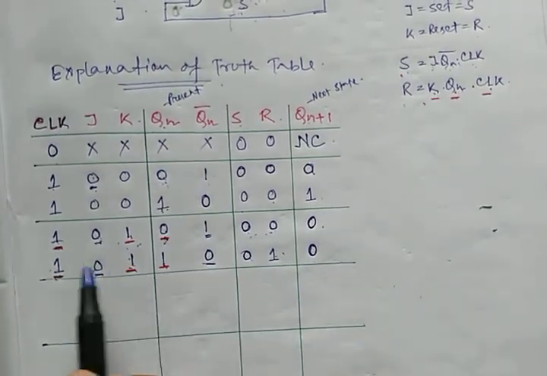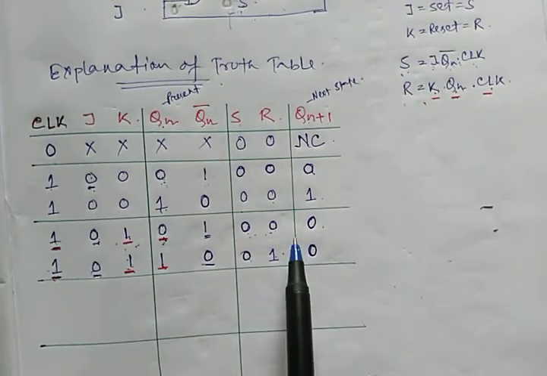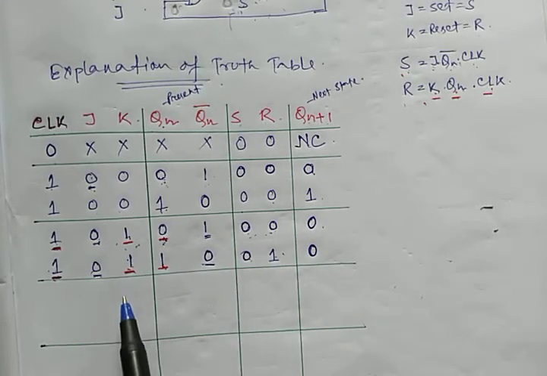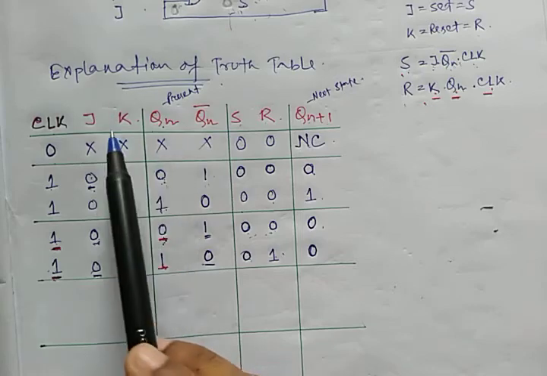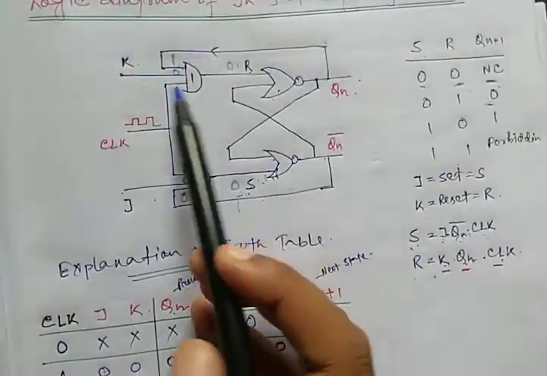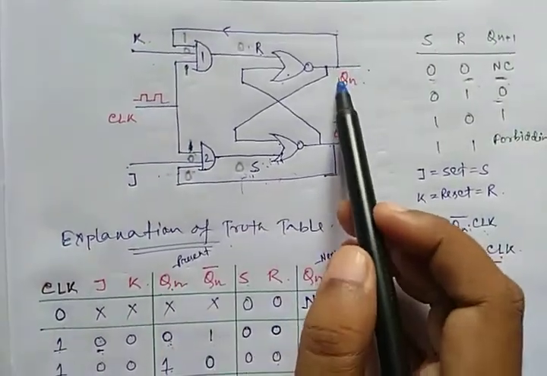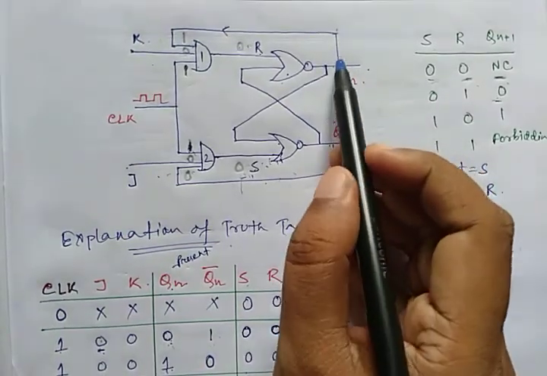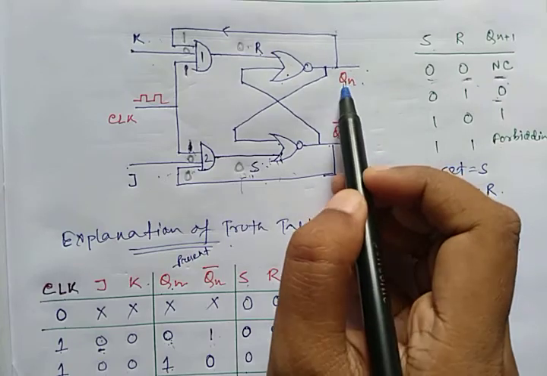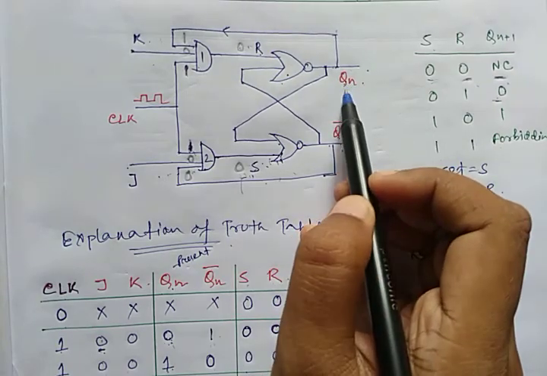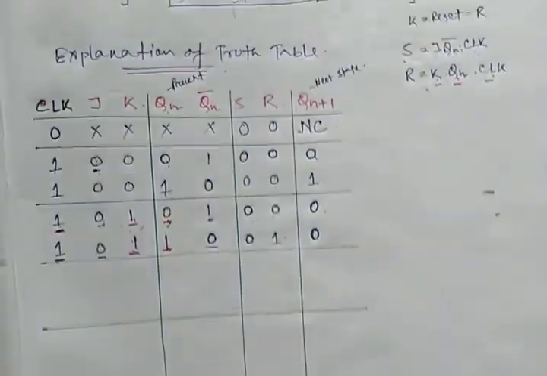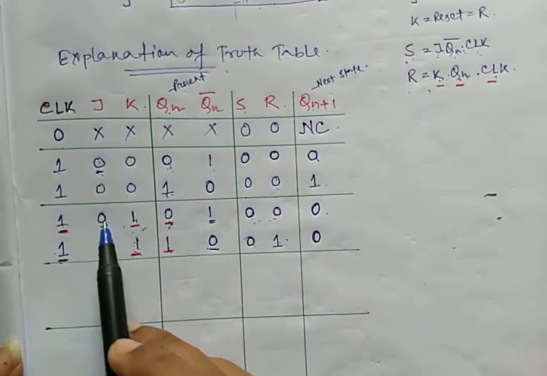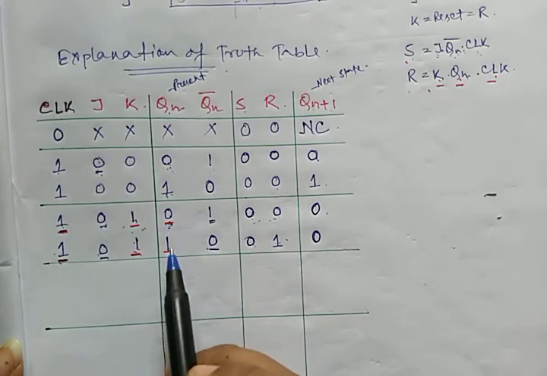In order to get the truth table, we have to check every condition. Every condition means, as these inputs totally depend on the feedback of outputs Qn and Qn bar, we have to check for two conditions: when Qn is 0 and when Qn is 1. So for that reason we check one condition by taking both the values.